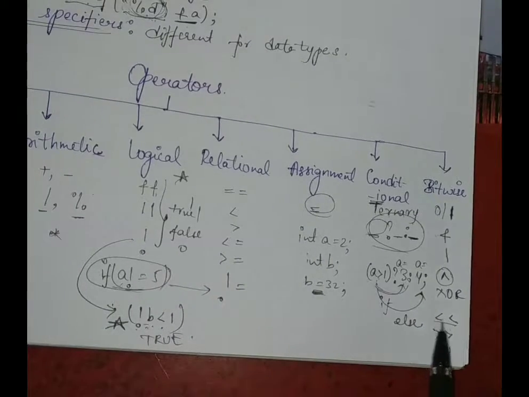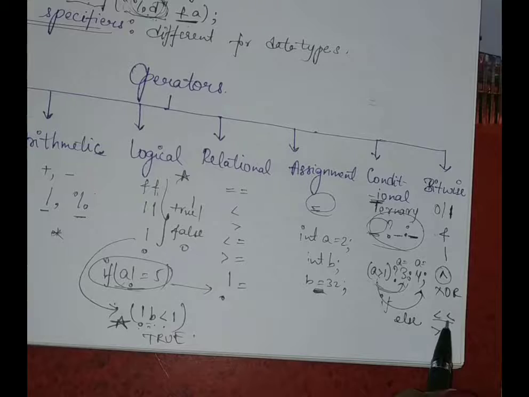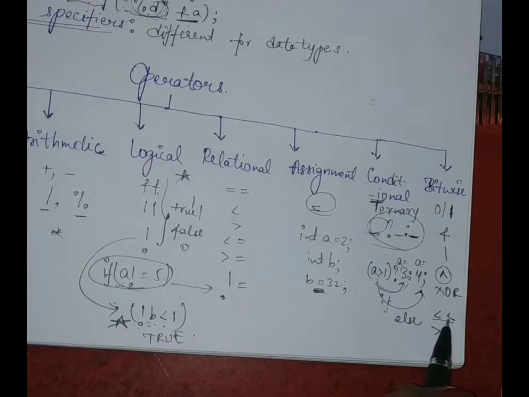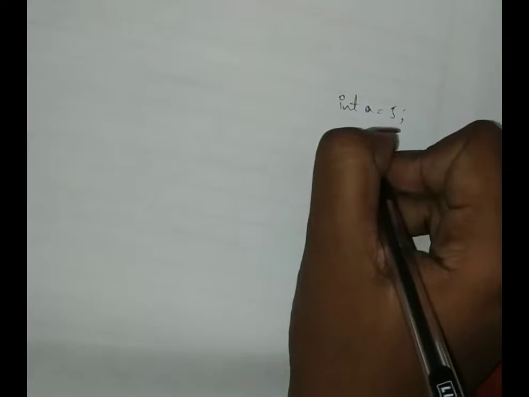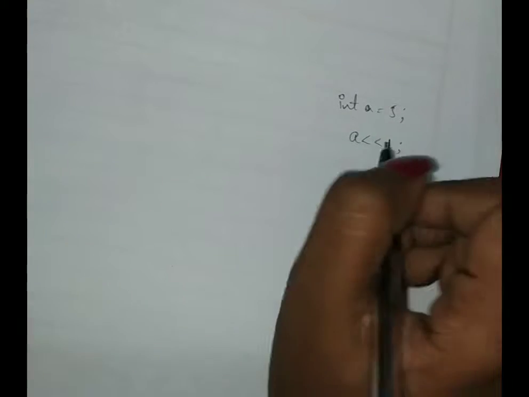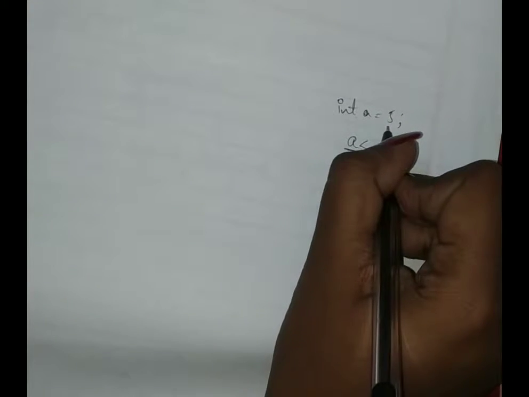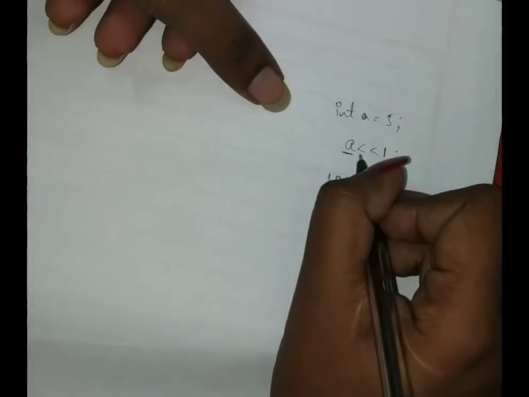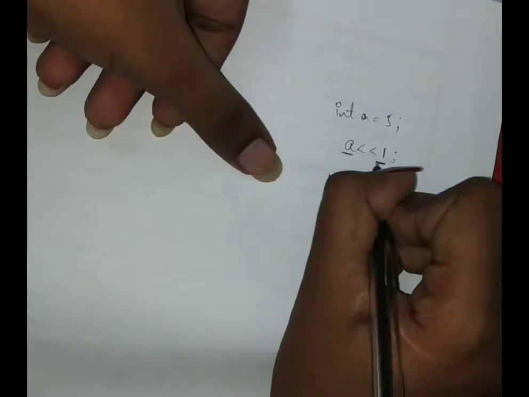So this is the left shift operator. It shifts the bits of the operands to the left and inserts 0 at the places which are empty. Say for int a is equal to 5, you can give something like this. This means that this a, which is 5, is written in binary like this, and this is shifted to the left by 1 place.